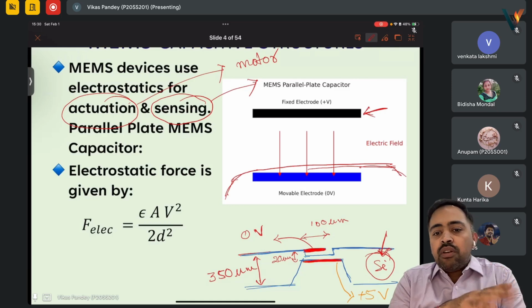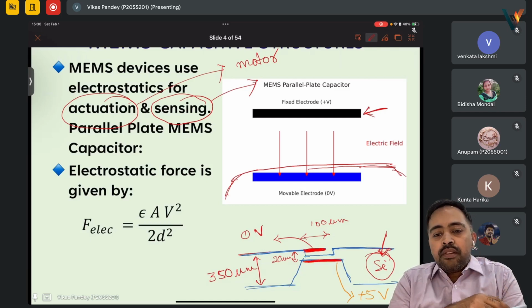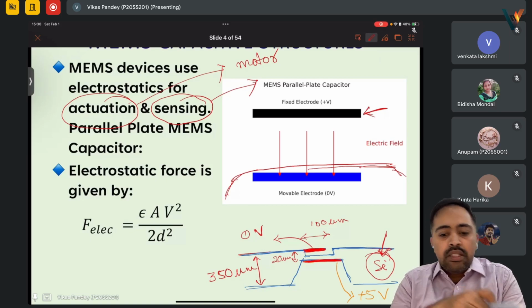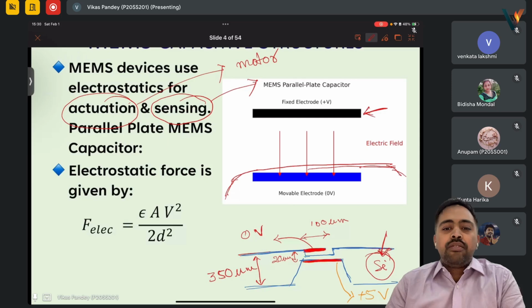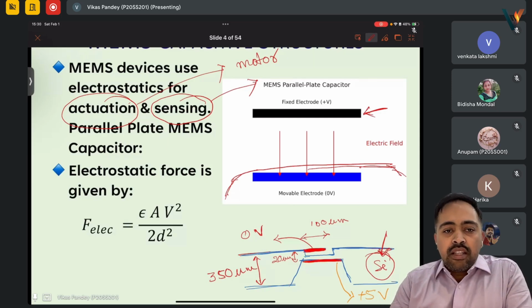Will it then work as two parallel plates? Yes, anyone? Please feel free to speak up. It's not an exam, we are just discussing, understanding things.